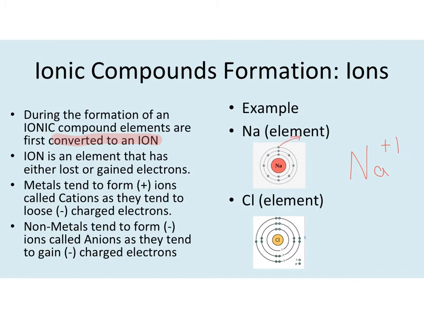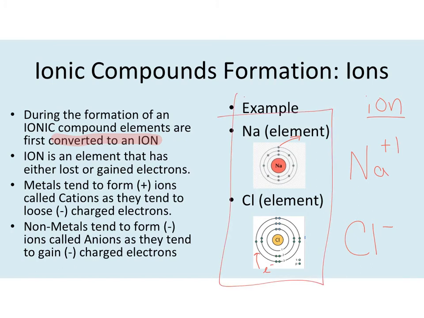It would still have the same number of protons, so it would become Na+1. Chlorine, on the other hand, wants to gain an electron. So an electron that's negatively charged will jump onto the chlorine, but it still has the same number of protons. So these are the ions over here, and these were the elements right here.